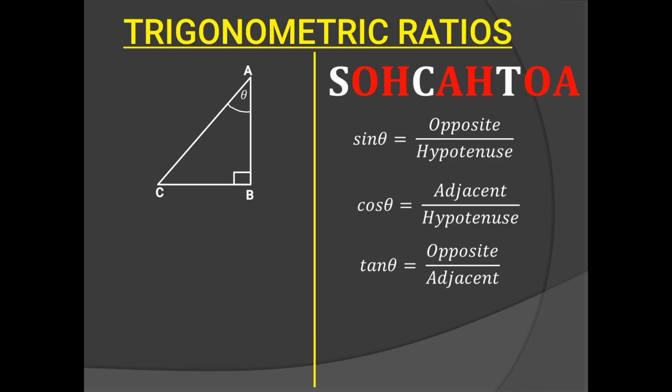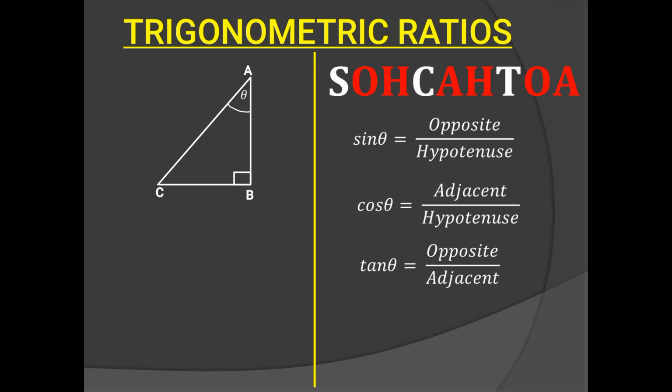Then we have cos theta. In our SOHCAHTOA, the S is what? Sine. The spelling is S-I-N-E, but then we write the short form, S-I-N. So sine theta, the theta represents the angle like I've said. Sine theta is opposite over hypotenuse.